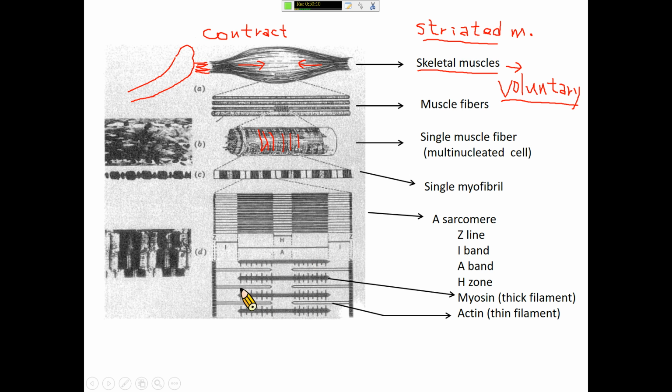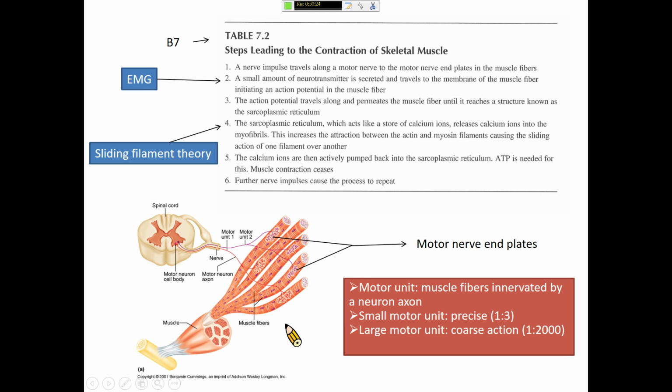There is some chemical reaction here. Because remember, this is within the cell. Within the cell there are a lot of chemicals here. Okay. These are the steps leading to the contraction of skeletal muscles.